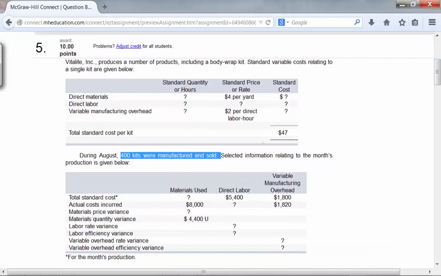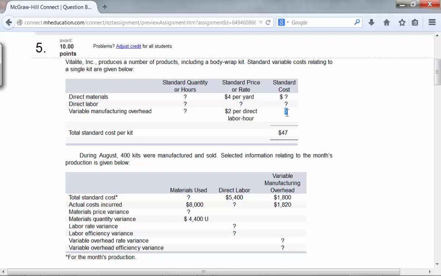Alright, so let's see here. What can we do? We know what it should have cost us for labor to make 400 kits. So 5,400 divided by 400 should be this. We know what it should have cost us for overhead for the 400 kits, because they give that to us, right?